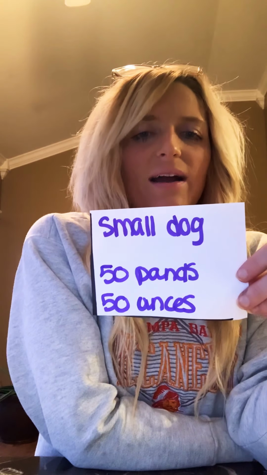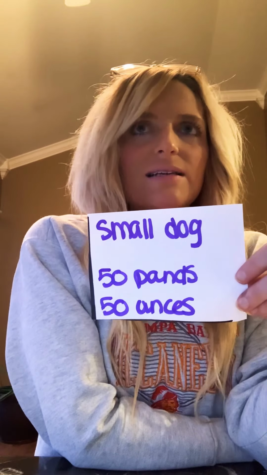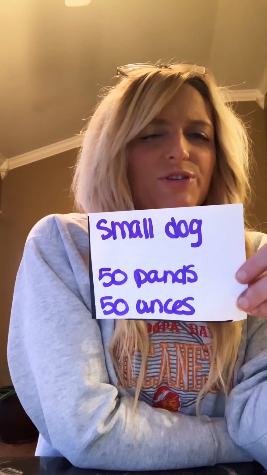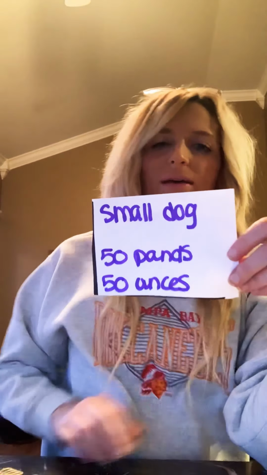So a small dog would probably be about 50 pounds. 50 ounces would just be really, really small. So the better choice would probably be the 50 pounds, although I feel that's maybe a larger size dog. All right, and I have a few more examples for you.